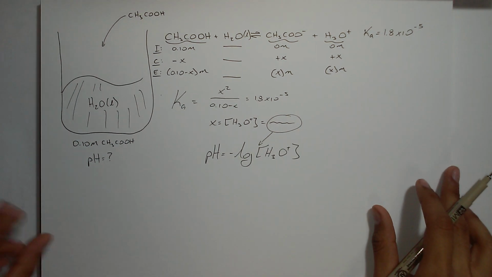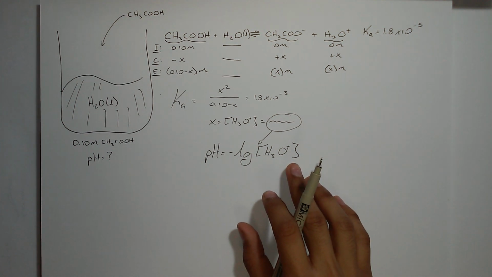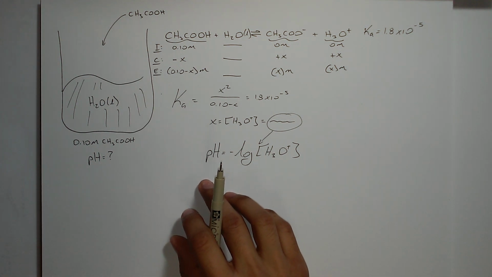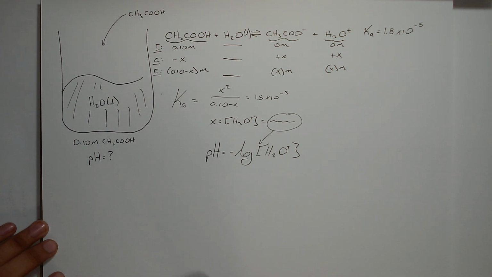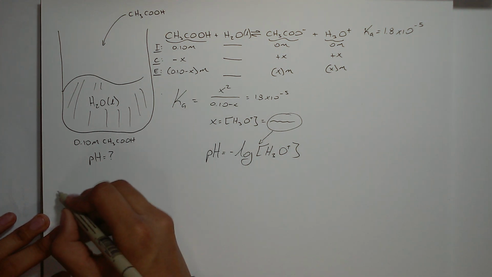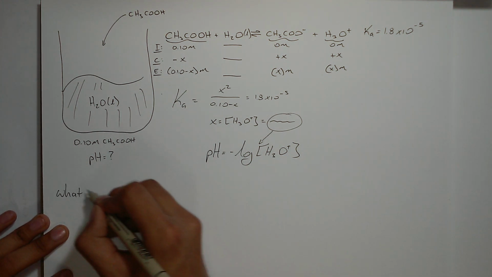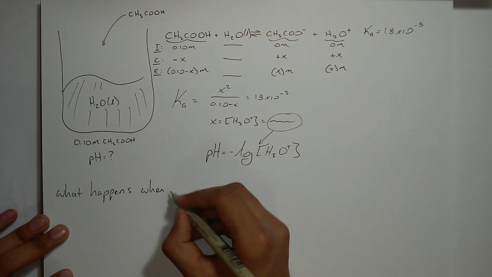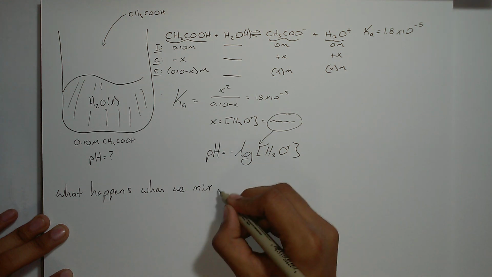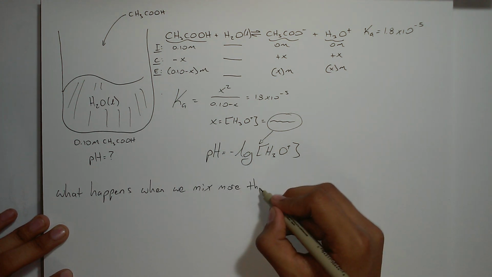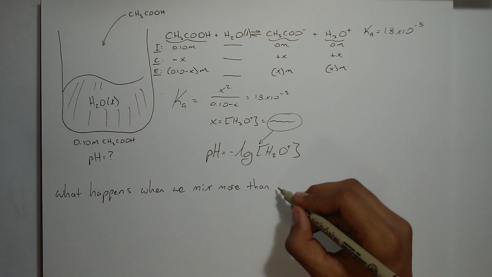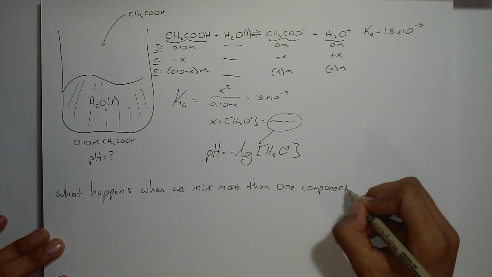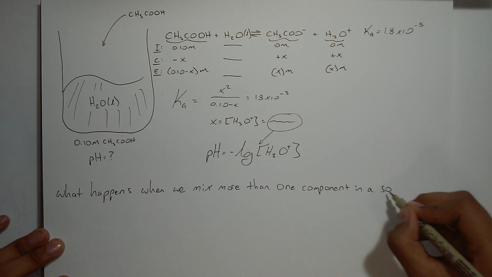Very simple problem. Now we're going to move on into what's covered in chapter 17. Chapter 17 is a little bit different than chapter 16, because now what they're asking us is, what happens when we mix more than one component in a solution?